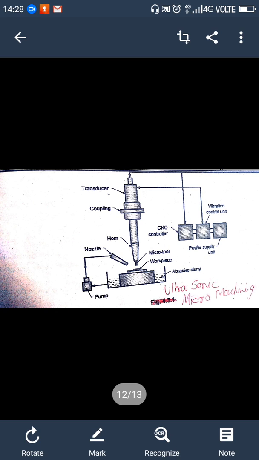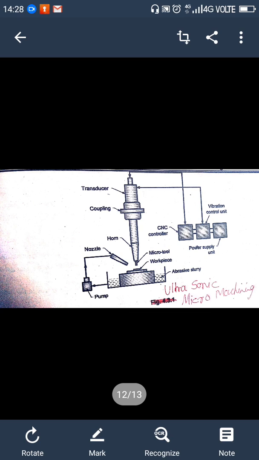This horn is coupled through the transducer so that it can produce vibration, and using that vibration the abrasive material can micromachine the workpiece. The transducer is connected to the vibrating control unit and power supply.